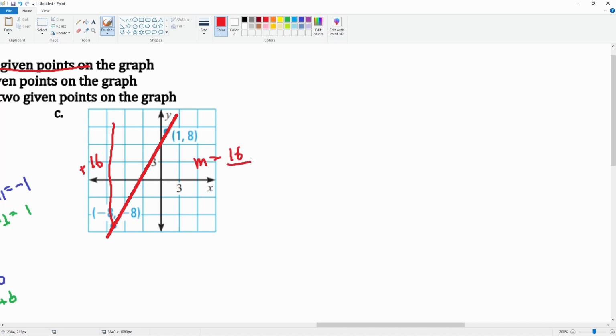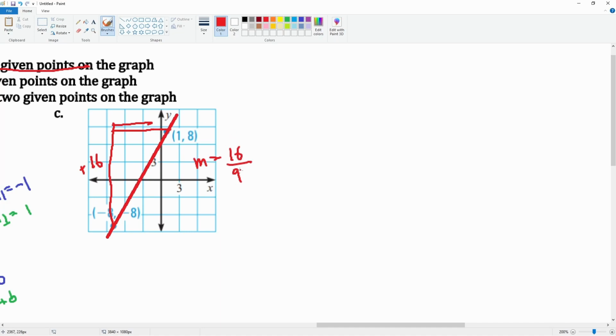So 16, then it goes from here to here, which is negative 8 all the way to 1, which is, let's say 9, right? Let's see, negative 8 to 8 is 16, negative 8 to 1 is 9. That's correct. Can we simplify this? Let's see. 16 over 9. That does not simplify.